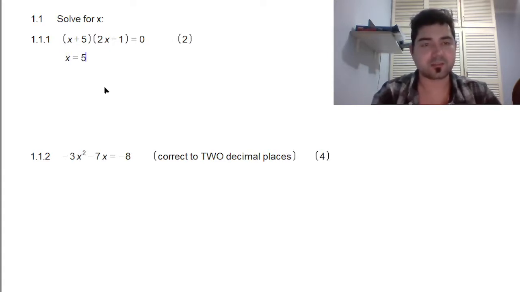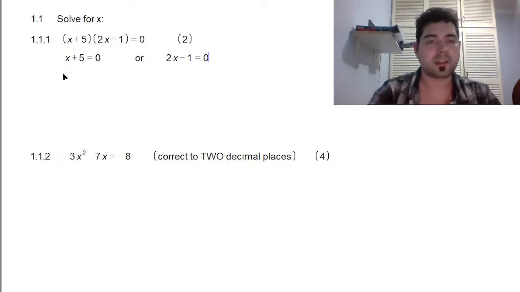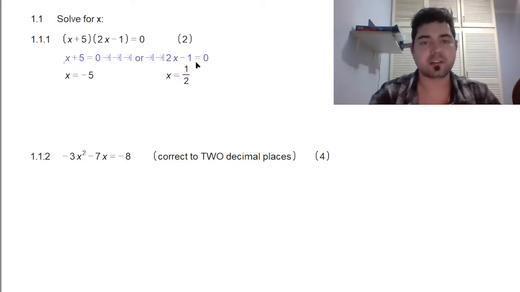We can say that x plus 5 is equal to 0, or 2x minus 1 is equal to 0. Okay, and then each one of these equations gives us a solution. X is equal to negative 5, or x is equal to a half. So what you'll see there is that the 1 goes over, it becomes positive, and then we divide by 2.